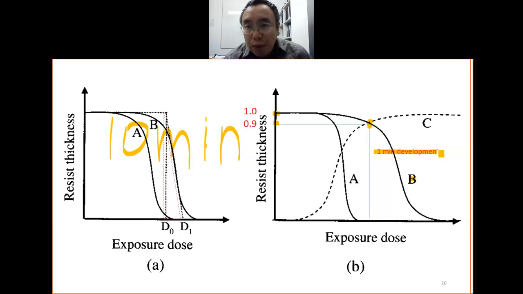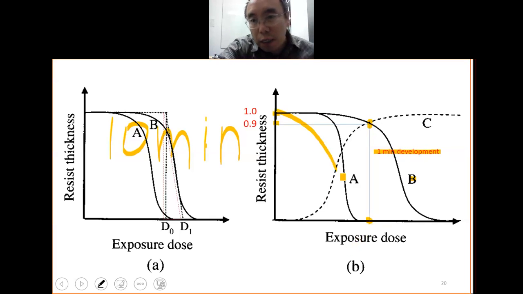For 1 minute development, we have 0.9 left. That means 1 minute removes 10% of the resist. With 10 minutes of development, all the resist will be gone. So that means it will come to here, and the contrast curve will become like this.